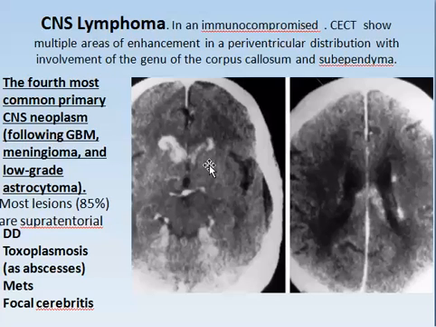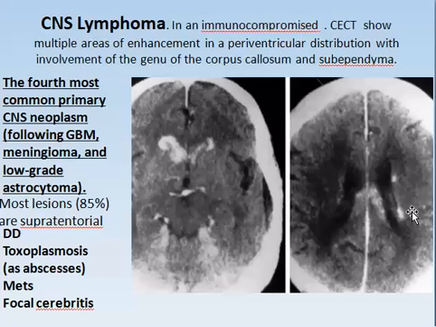This is the fourth most common primary neoplasm following glioblastoma multiforme, meningioma, and the low-grade astrocytoma. Most lesions are supratentorial. The differential is for abscesses, metastases, and focal cerebritis. Here, this is a subependymal involvement.